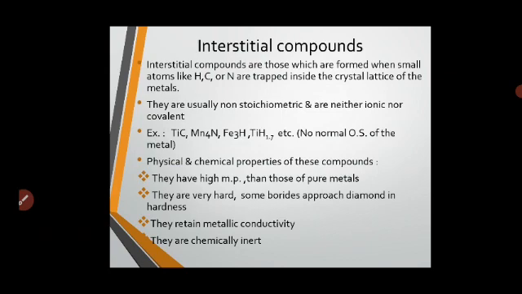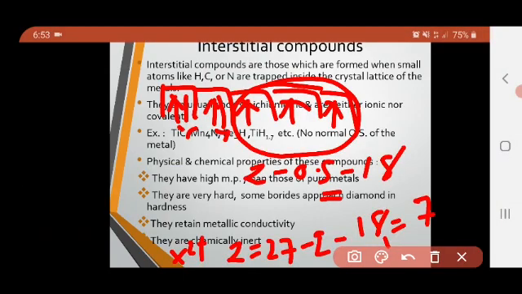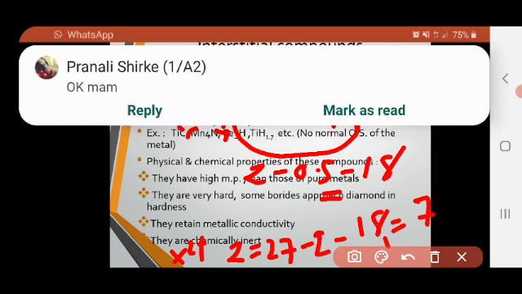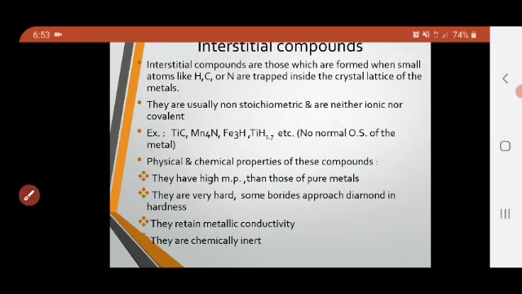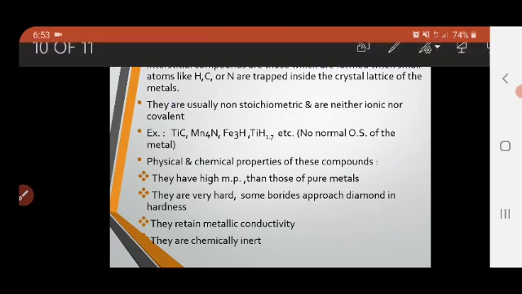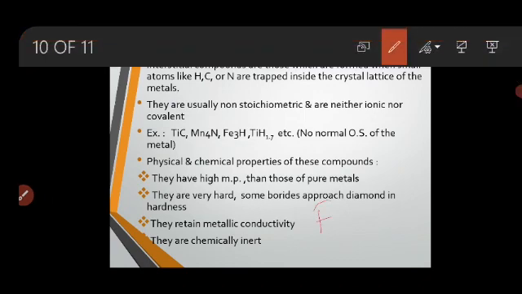Now non-stoichiometric means what? We cannot write a perfect ratio, just like how we can write for Fe2O3, where we can write the ratio as 2 to 3.